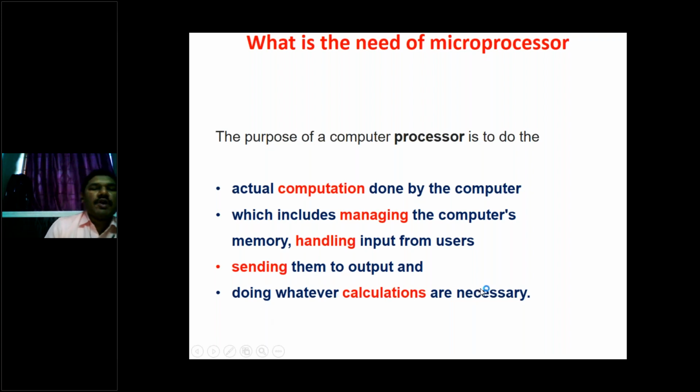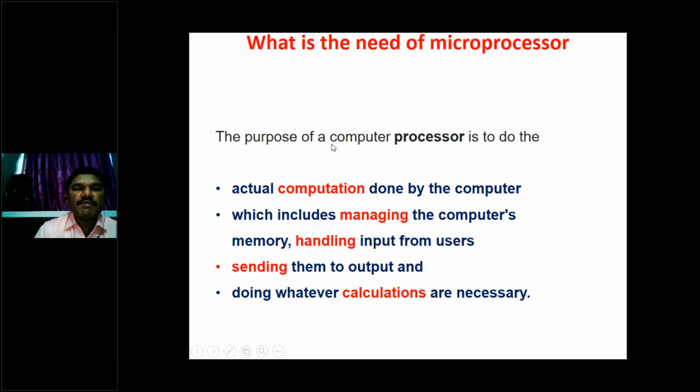We all know that the processor is also called the CPU. CPU stands for Central Processing Unit. The name itself tells us that it is used to process data from input to output, or from memory to output, or it will calculate some operations based on the instructions stored in its memory. This is what I have given in terms of wording here.